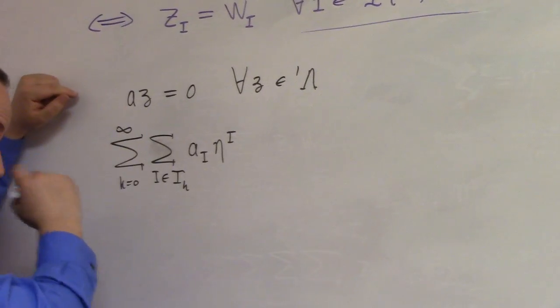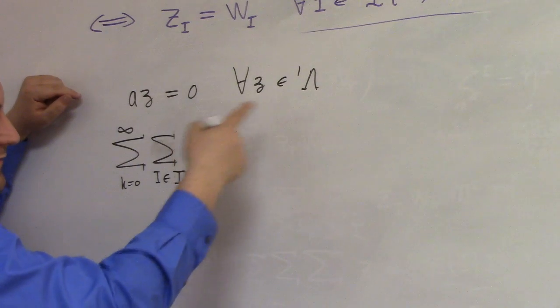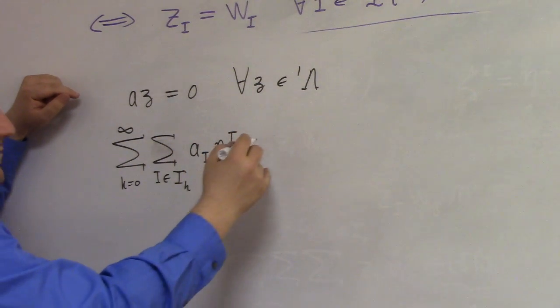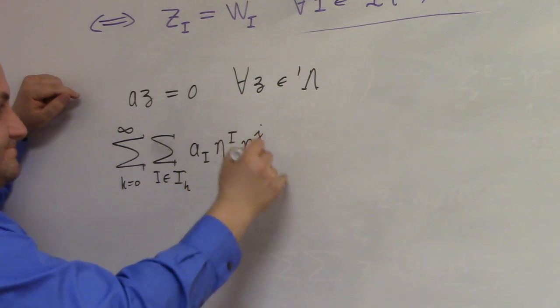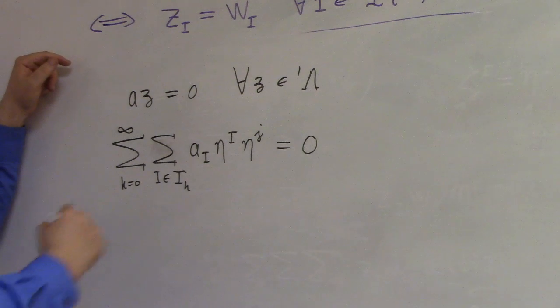So let me, okay, fine, one more. And then what I do is, for all z, so why not just use eta, let's say j. So let me expand this out a little bit.